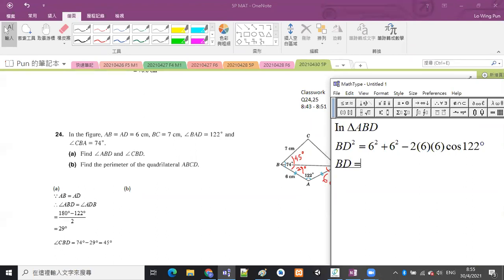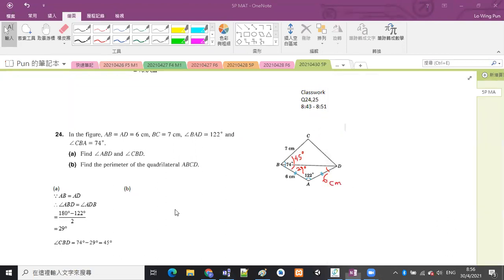That should be 10.495 something cm. So this is the length of BD, and we are going to use this length in order to find the length of CD.